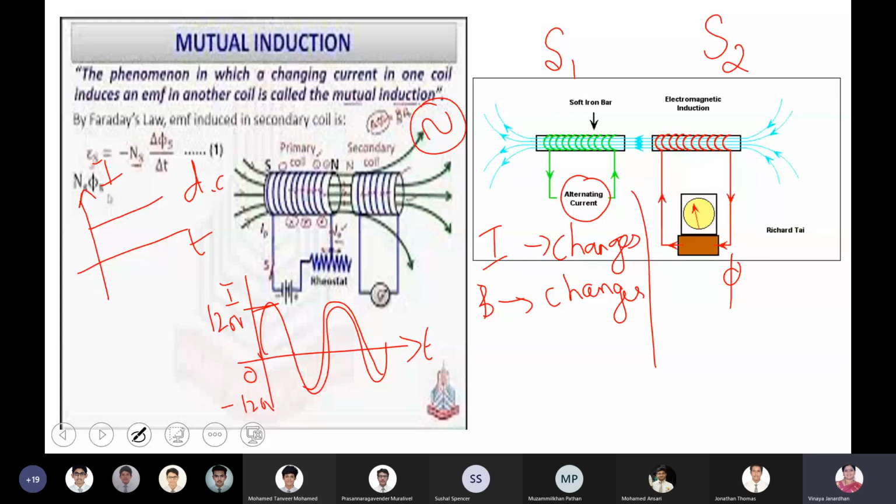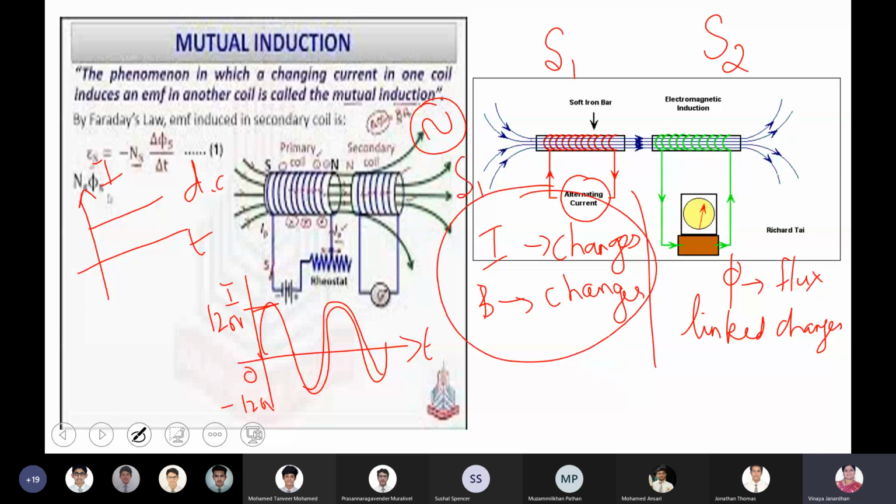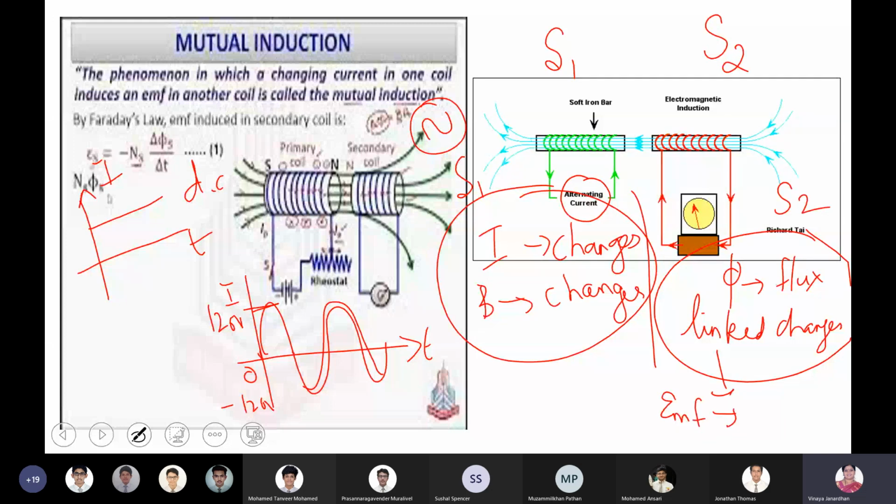See, the first coil is creating a magnetic field, and this varying magnetic field changes the number of field lines passing through the second coil, which means the flux linked with S2 changes. I and B is for S1. The flux linked with S2 is going to change. So an EMF is induced in the secondary coil, and hence an induced current flows in the secondary coil, and the nature of the induced current is alternating.